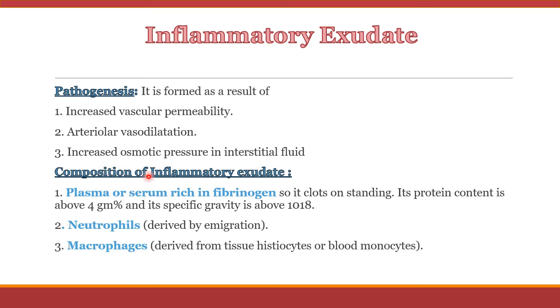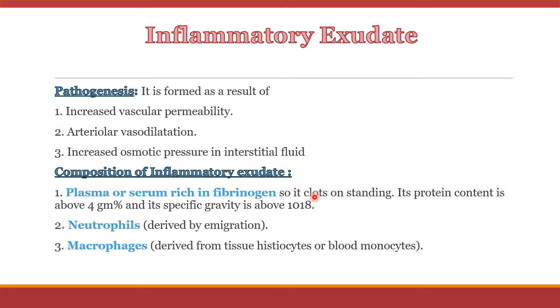What are the components of the exudate? Plasma or fluid rich in proteins, especially fibrinogen. So this is why it can clot on standing. The protein content of this plasma is above 4 grams%. Its specific gravity is above 1018, which is a high specific gravity.